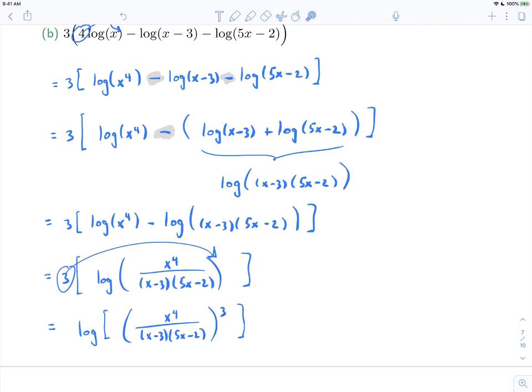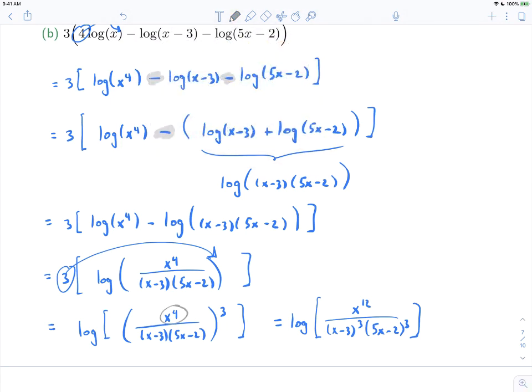Now what I want to do is cube everything inside these parentheses. So this is going to be log of x to the 4 cubed, which is x to the 12, over x minus 3 cubed times 5x minus 2 cubed.